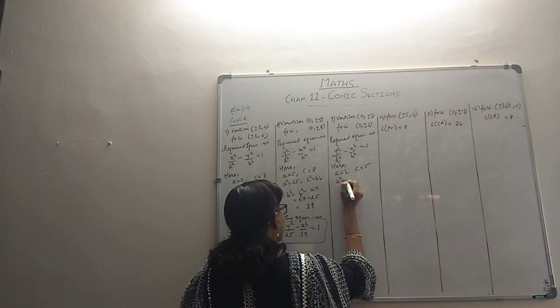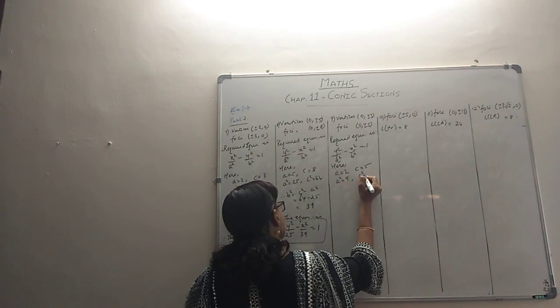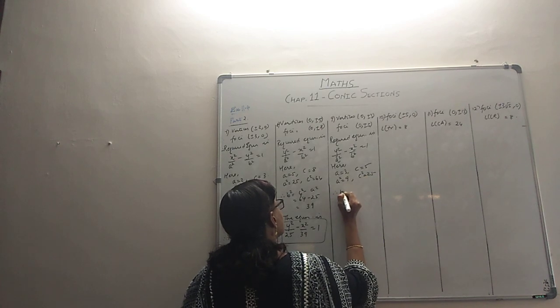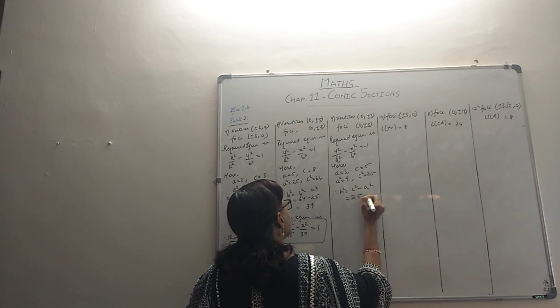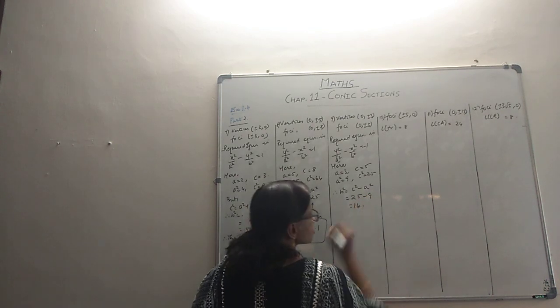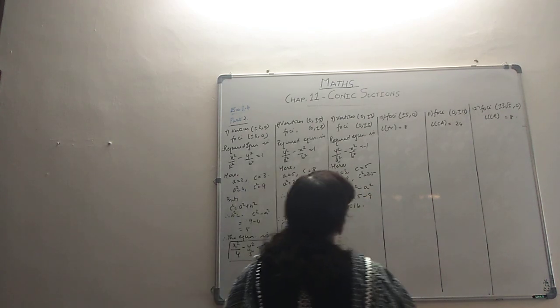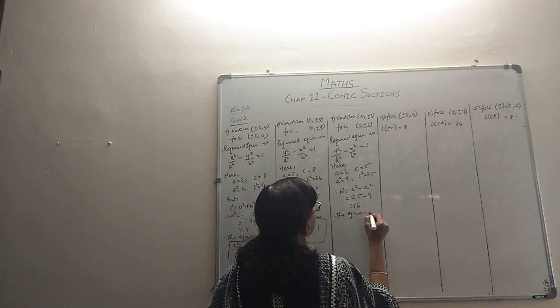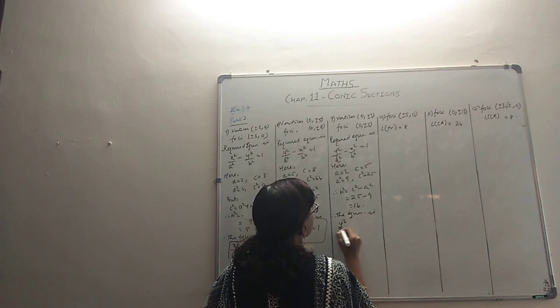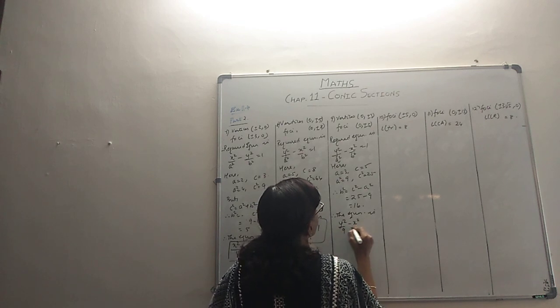So a squared becomes 9 and c squared becomes 25. Like that your b squared becomes c squared minus a squared, which is 25 minus 9, which is 16. So we can have the equation. Therefore the equation is y squared by 9 minus x squared by 16 equal to 1.